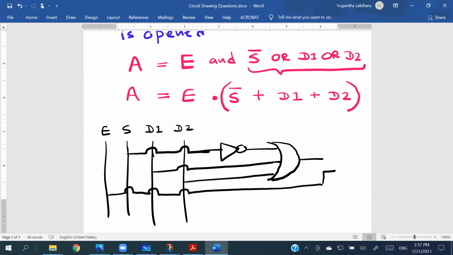And these two are going to go through an AND gate. This is going to be your circuit. Is that clear, people? Right.